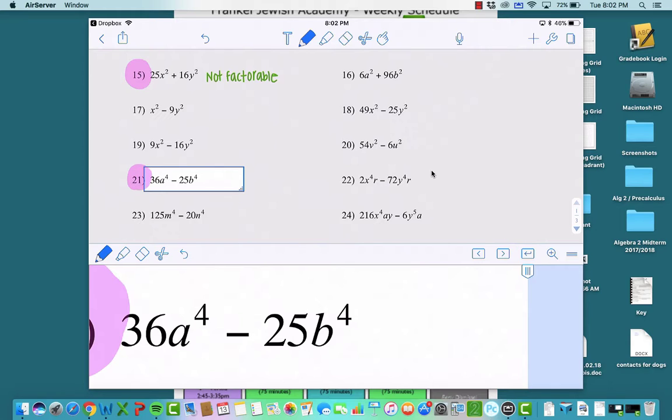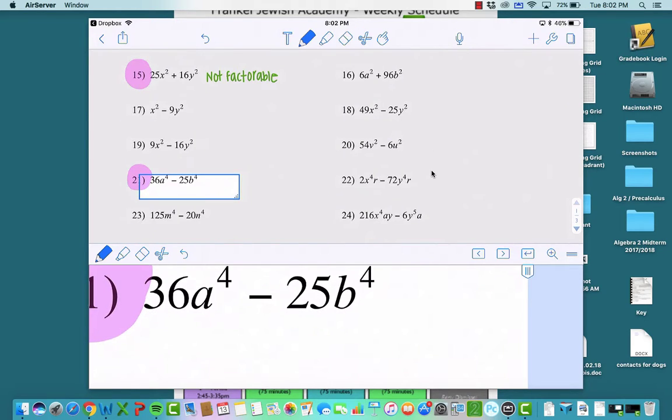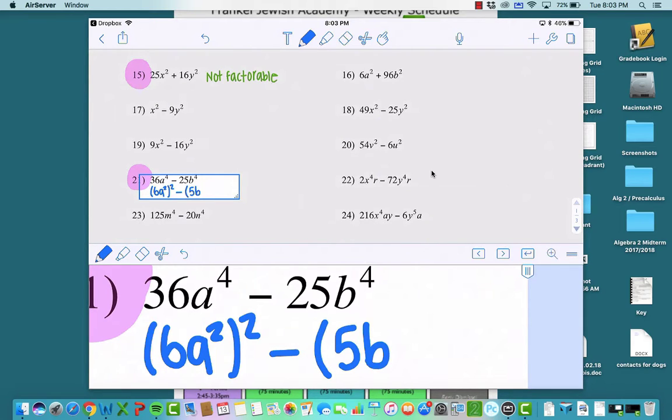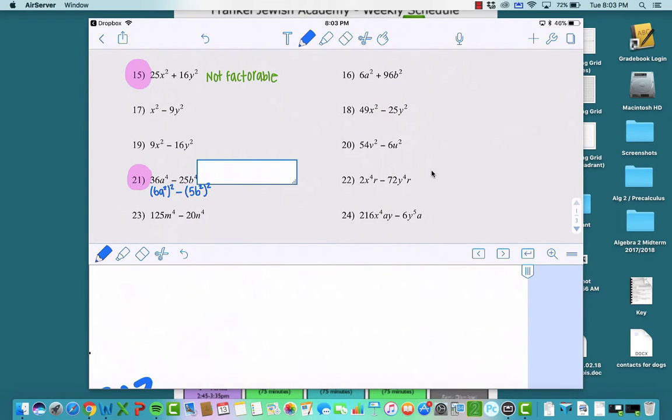And last but not least, woo, a hard one, a challenging one, a good example. So I'm looking at 21, and I'm first of all checking for greatest common factors. I don't see any. I do know that this is 6a squared minus 5b squared, because something to the fourth power. So I'm going to rewrite this. This is going to require a couple of extra steps.